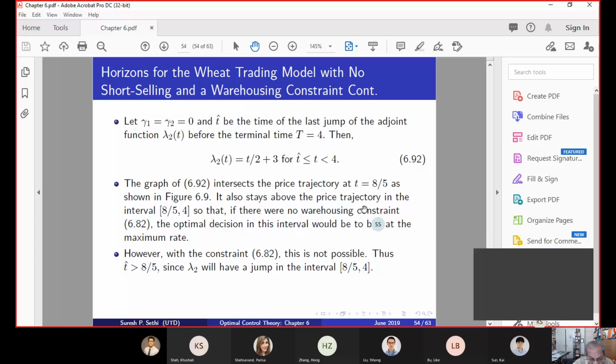If there were no warehousing constraint, the optimal decision in this interval would be to buy at the maximum rate. But if there is a warehousing constraint, then it's going to be do nothing. However, with constraint 6.2, this is not possible. Thus, t hat is bigger than 8.5, and since lambda 2 will have a jump in the interval 8.5 to 4, that's what we are now doing here.